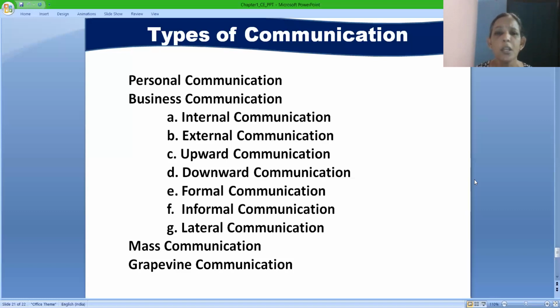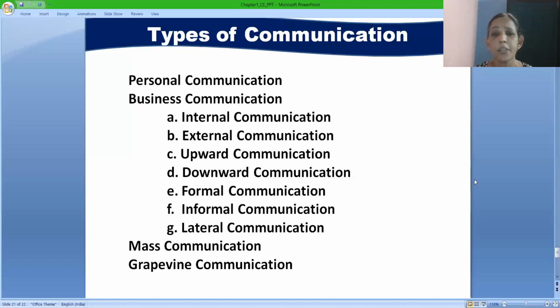Here the numbers may be huge. The conveyor of the message will be one, but it has to reach a large audience who are many in number.